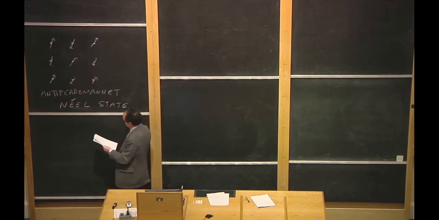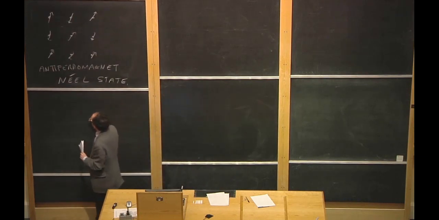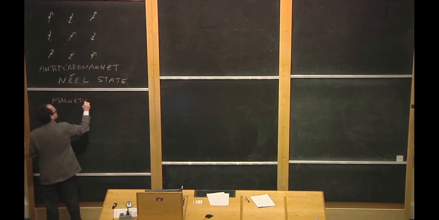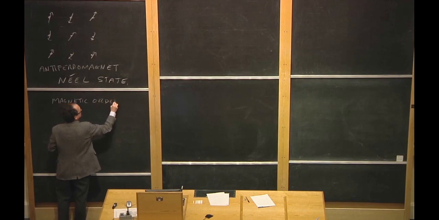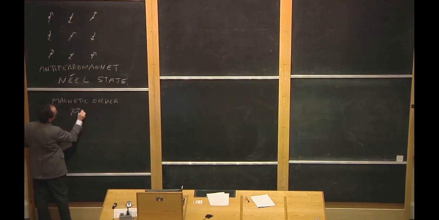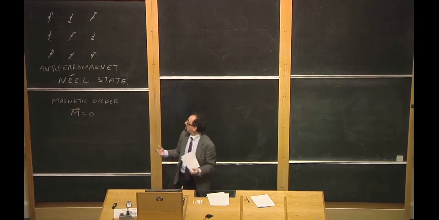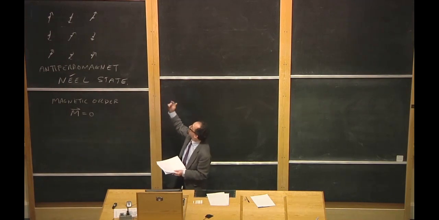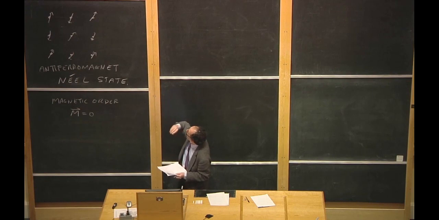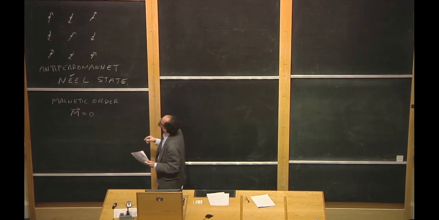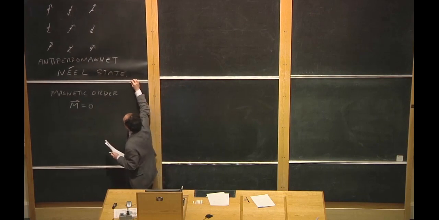What's interesting about these is that they have magnetic order, but they have no net magnetization, M equals 0. Why do they have no net magnetization? Well, because you have the same number of up pointing spins as you have down pointing spins. Well, at least if I drew them more aligned, it would look like there was an equal number of up pointing spins as down pointing spins. My drawing isn't so good.